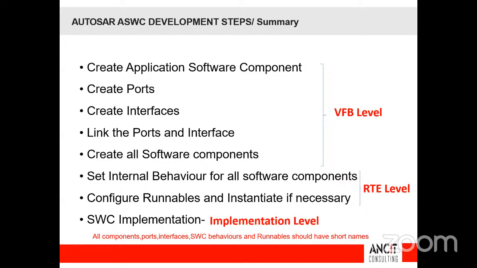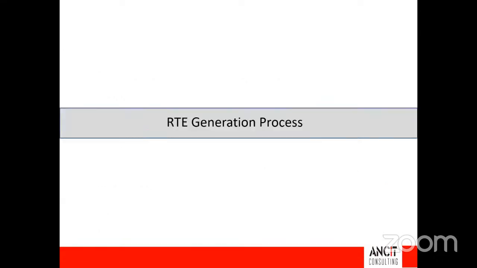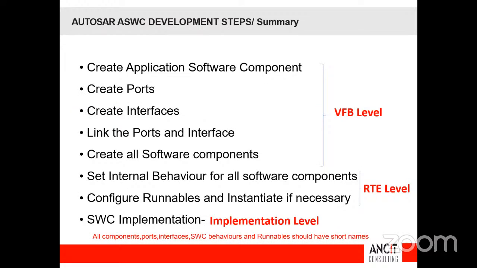I'll always use a sender receiver interface where one .c file is responsible for transmitting the data and the other .c file is responsible for receiving the data. The one sending the data is called the sender, and the one receiving the variable is called the receiver. All right. So this is the general idea.